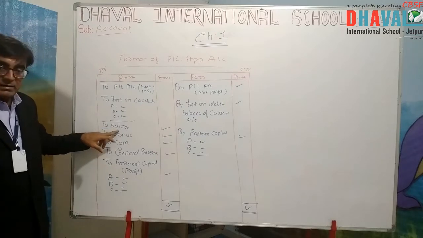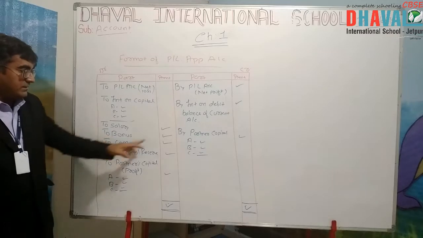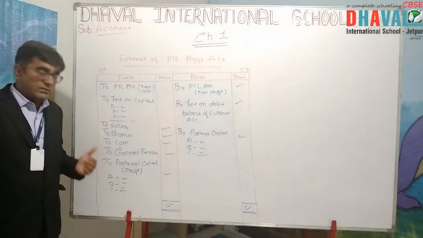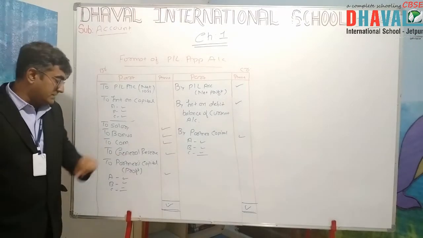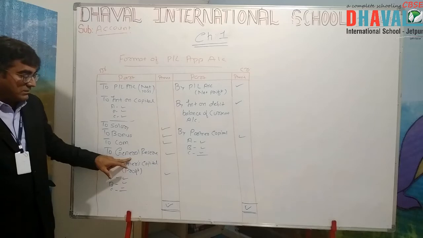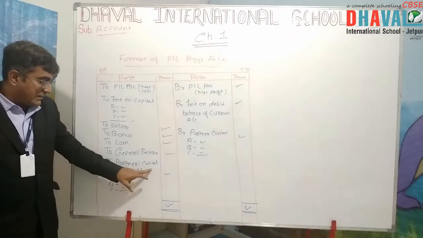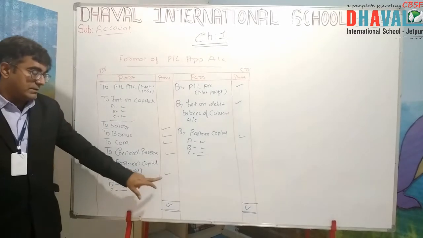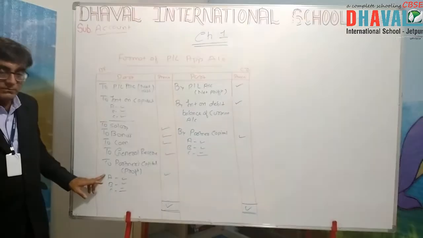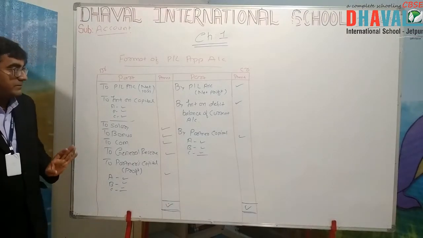Then salary, if given to any partner, debit. To bonus, if any is given to a partner, debit side. To commission, if we provide any type of commission to the partner, on the debit side. General reserve, if given in the textbook or in the question, you have to write on the debit side. To partners capital account, if profit is given, we write on the debit side. Profit is divided in the ratio of A is to B is to C, so there are three partners, therefore we have to divide.